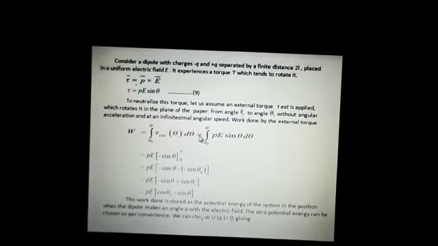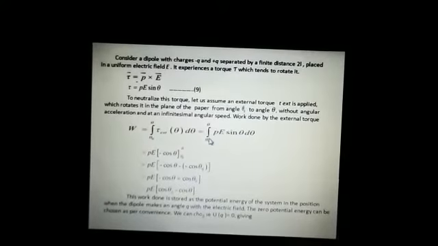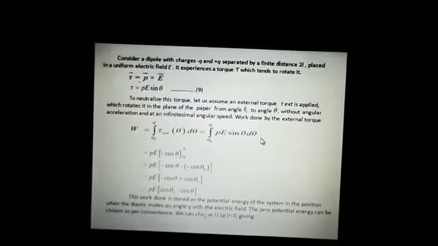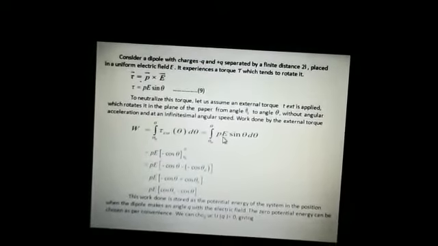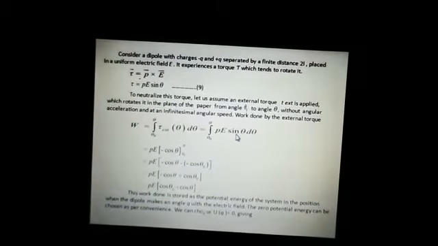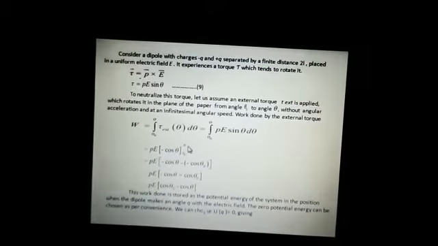We solve this, and it becomes the integration from theta 0 to theta of P E sin theta d theta. Here P E is constant, so we take it outside, and the integration of sin theta is equal to minus cos theta. The limits are from theta 0 to theta.